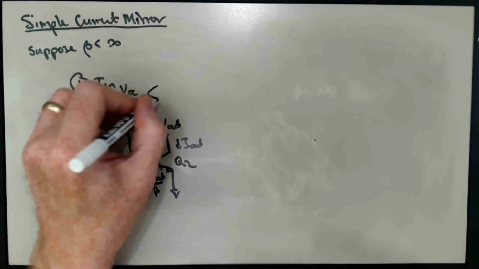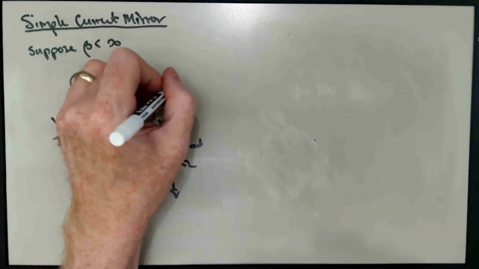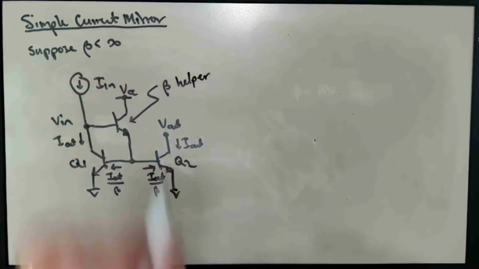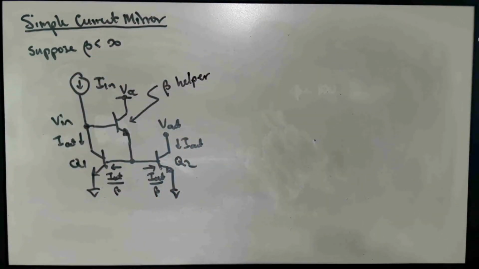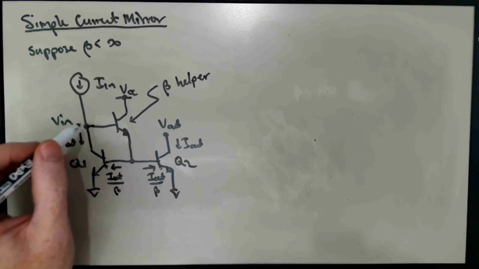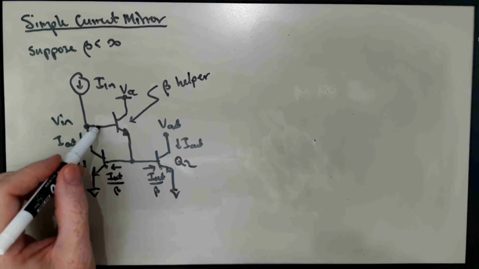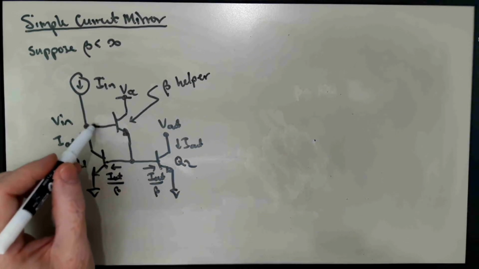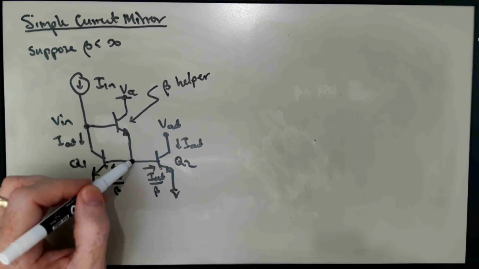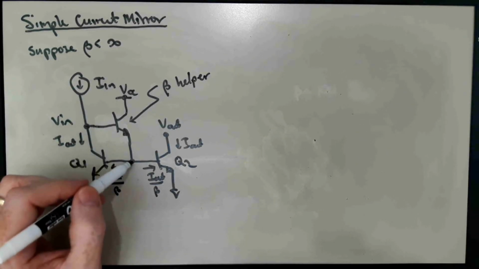And this is called a beta helper. It serves as an emitter follower. So remember, the emitter follower we looked at, the emitter follows what the base is doing. So if the base goes up, the emitter goes up, and if the base goes down, the emitter goes down.